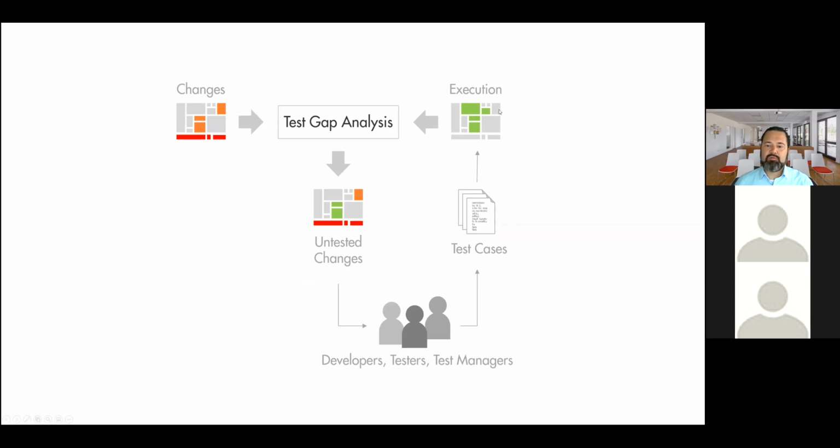And we use coverage profilers for all the languages that are used for the implementation of a system, both for the automated and the manual tests, and compute those untested changes on a regular basis, hourly or nightly. It depends a bit on how the test setup looks. And then developers, testers, and test managers can look at those dashboards on different levels of granularity to make a conscious decision whether this fits their expectation or if there's any big gaps they need to react to.